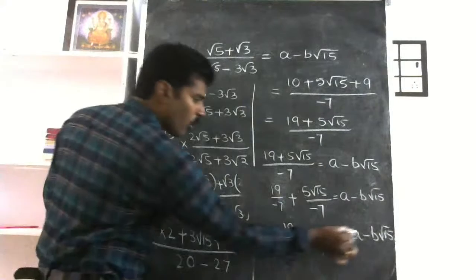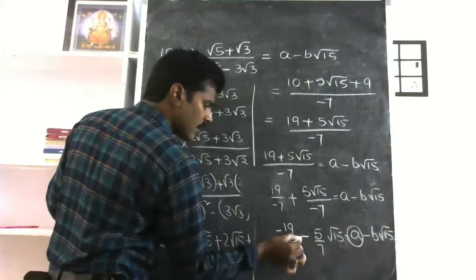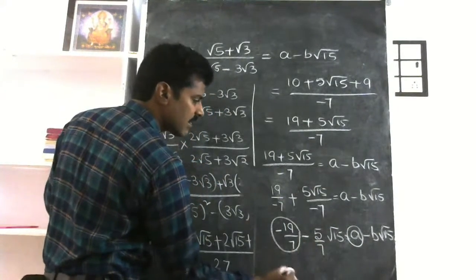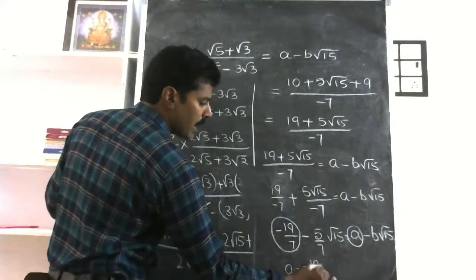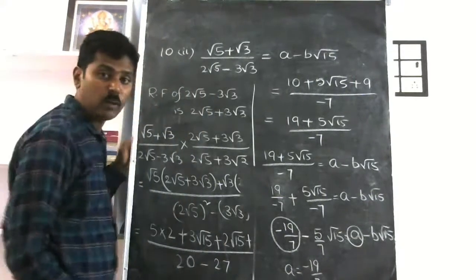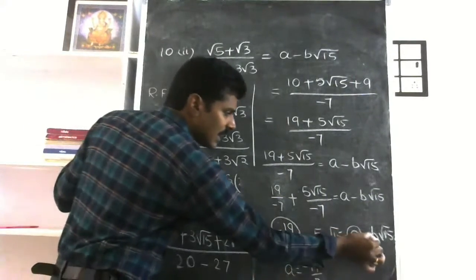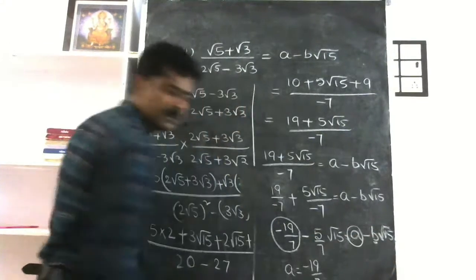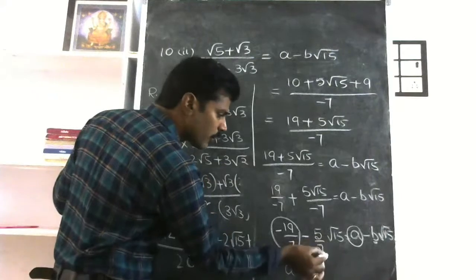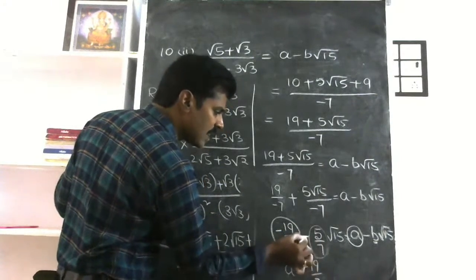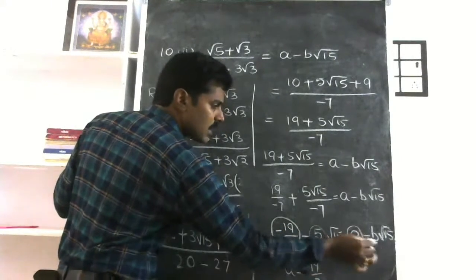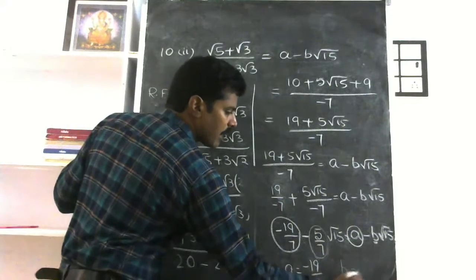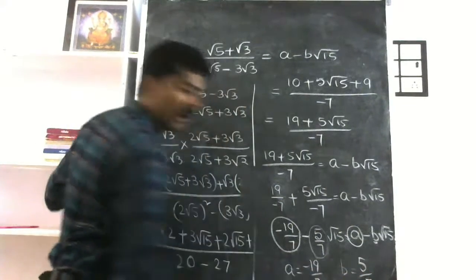If you compare, what is a here? Minus 19 by 7. A becomes minus 19 by 7. And what is b here? Here b is nothing but the coefficient of root 15, which is 5 by 7. The symbols are the same, minus and minus, so b becomes 5 by 7. b will not get a minus.